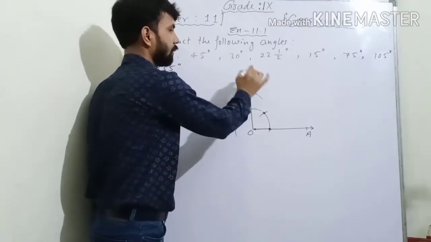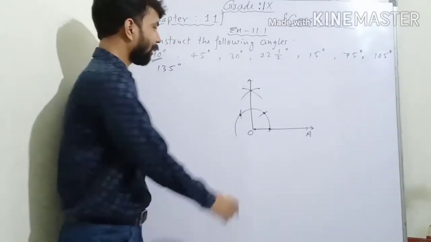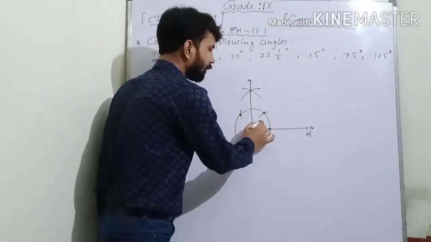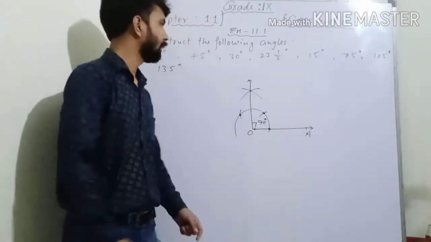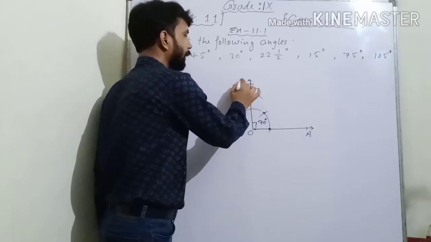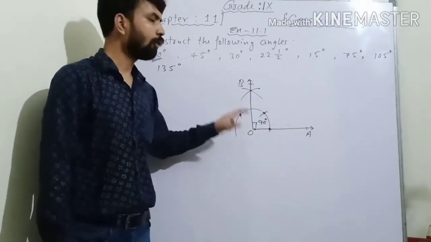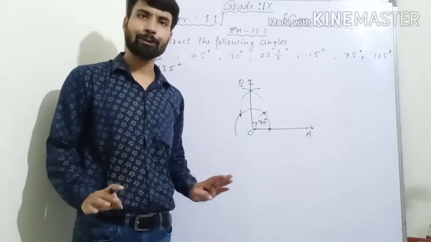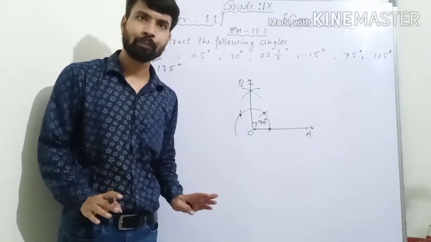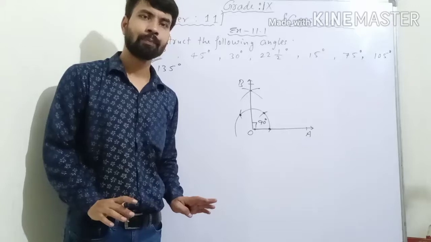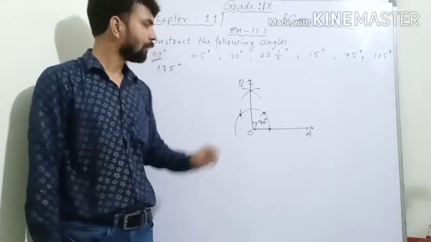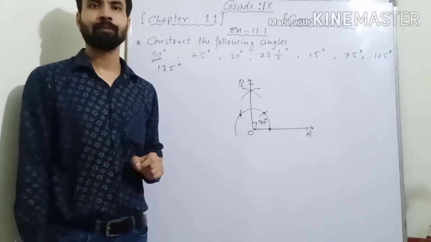Like this. Clear? Now this is your 90-degree angle. Consider this point is B. So now angle AOB is 90 degrees. Understood? Any confusion? You can draw it? Good. So pause the video and construct it. Please.